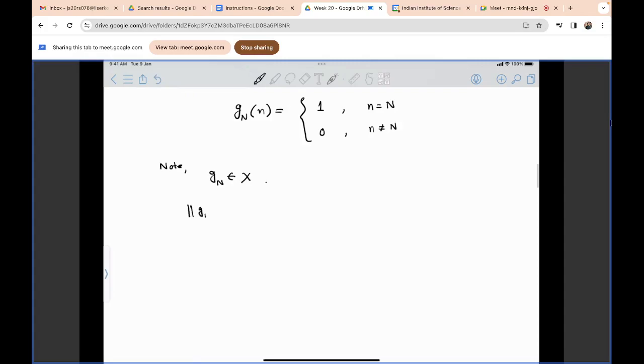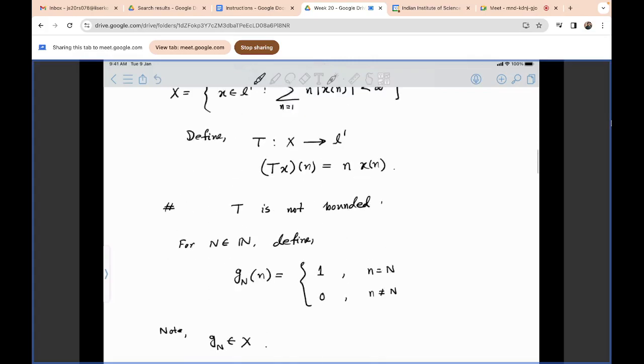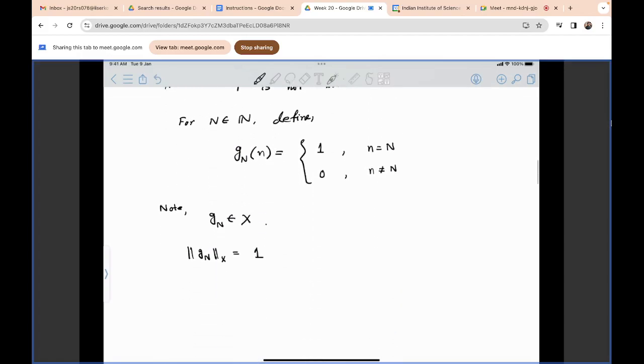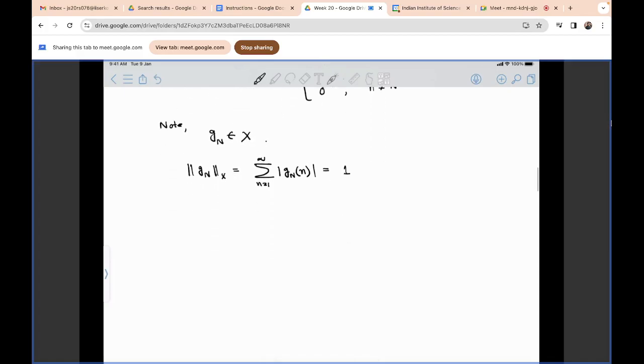And what is the norm of Gn? It takes the value 1 at only one point, so its L1 norm, the summation from n equals 1 to infinity, is 1, because it is non-zero only at n equals N. So this has norm 1.